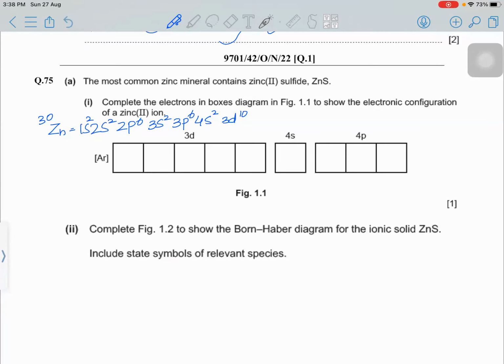When two electrons are removed, the electronic configuration would be 1s2, 2s2, 2p6, 3s2, 3p6, and then 3d10.